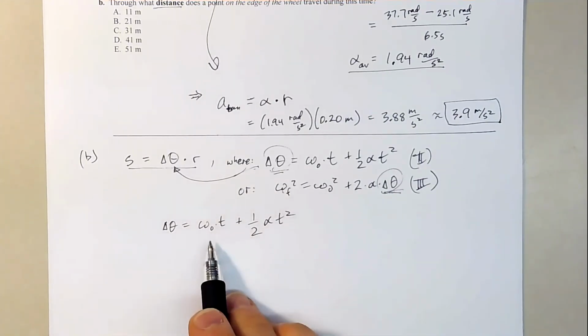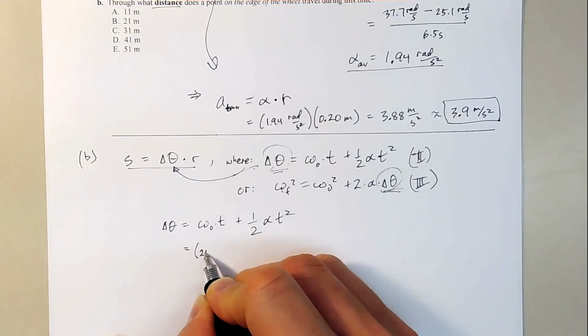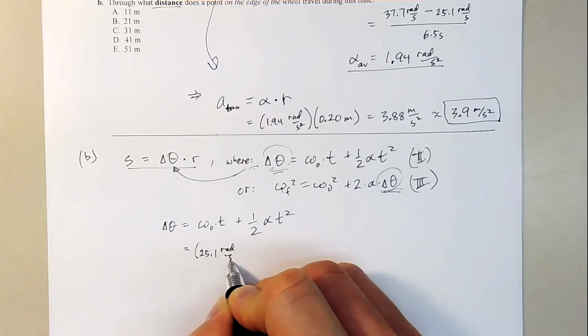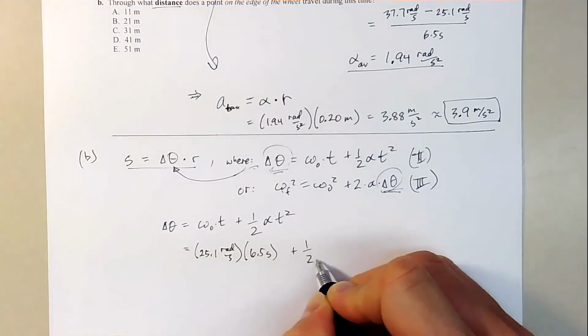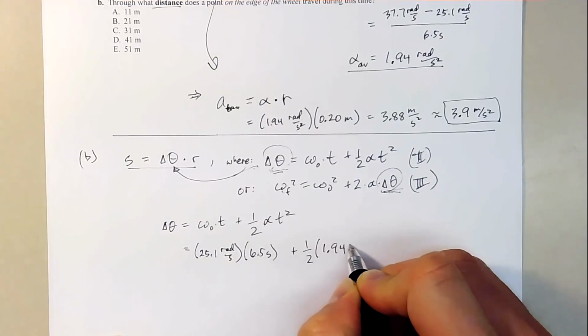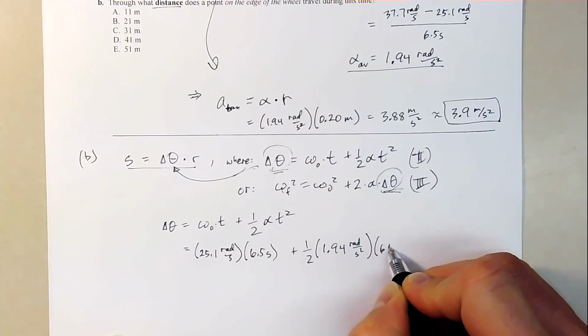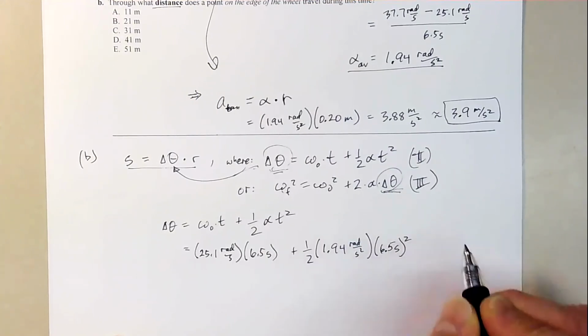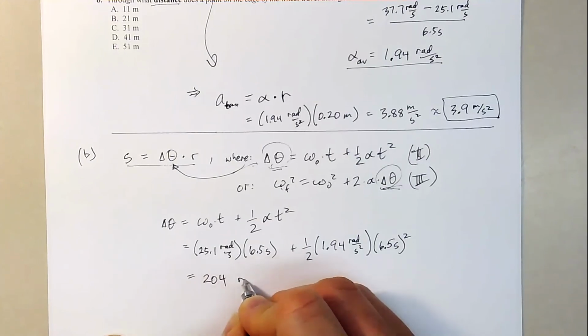Now this time the wheel does not start from rest, so we have this initial angular speed of 25.1 radians per second. And then I have my angular acceleration that I calculated in part A. I ask my calculator what this is, and I get about 204 radians.